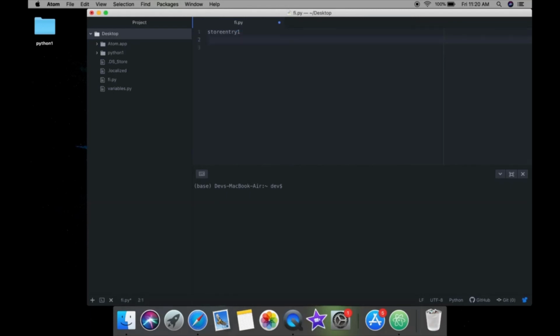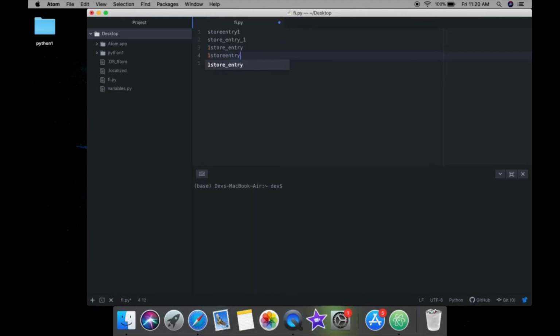You can also use store underscore entry to separate the two words, and underscore 1. This will also work, but you cannot do 1 store underscore entry or something like 1 store entry.